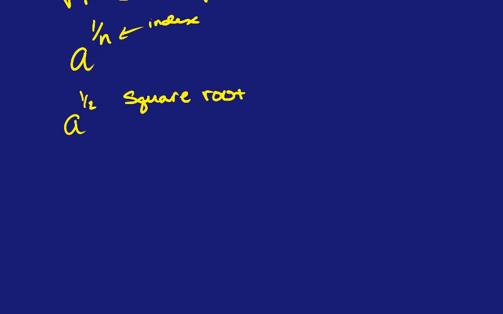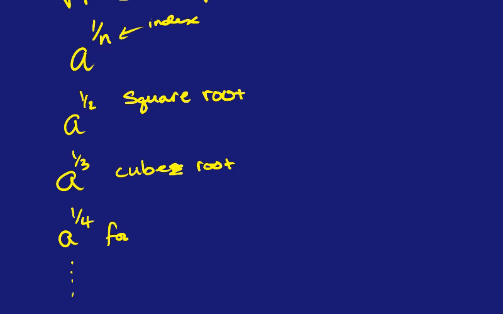So you'd have the square root of a. A to the 1/3 will be what we call a cube root, because the index is 3. And then a to the 1/4, and so on, you could keep going, would be the 4th root, is how you would say it.